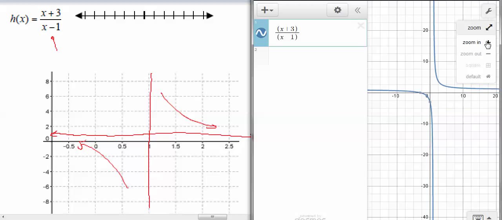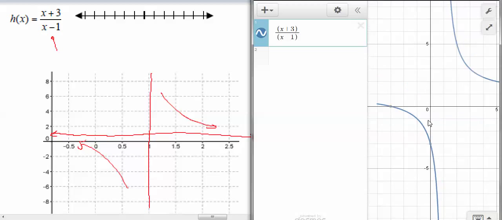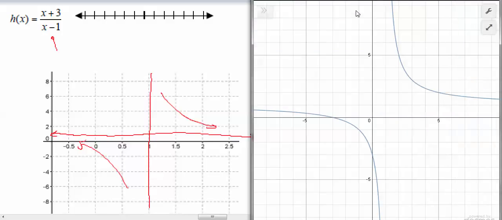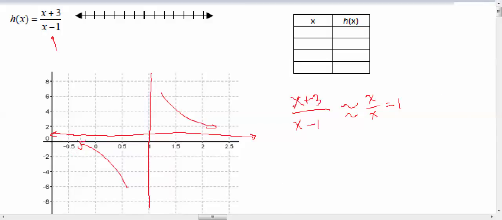Look where the horizontal asymptote is, too. It's at y is equal to 1. As it goes out to infinity in the positive direction and down to infinity in the negative direction, it's going to go closer and closer to this horizontal asymptote, this 1 value that we're kind of getting close to.